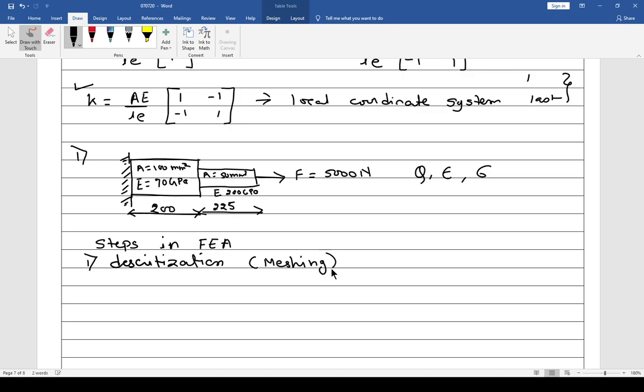Meshing means dividing complex geometry into simple geometrical elements. So here in this case this phase is not required, because my geometry is very simple, area is given, and I know 1D spar element is always circular.